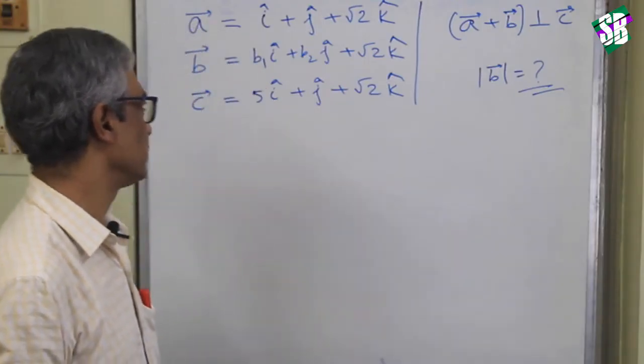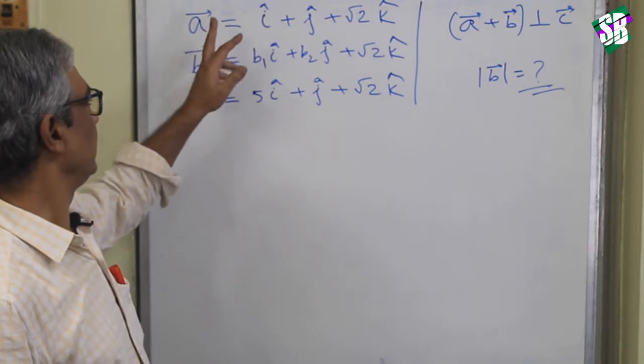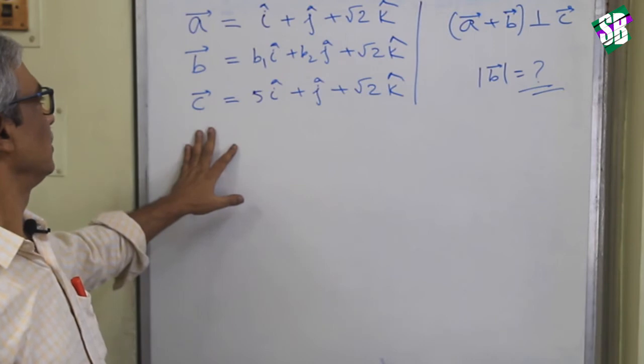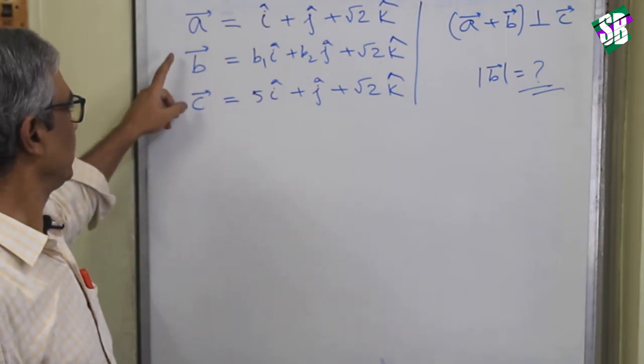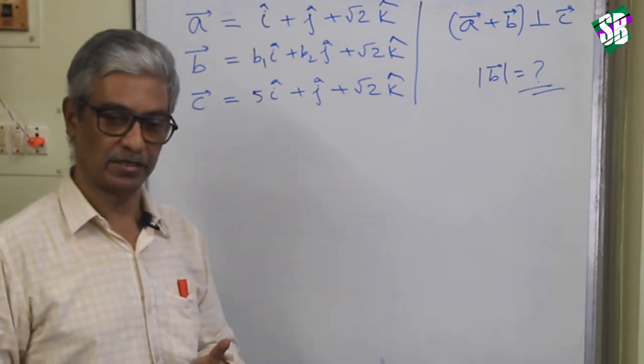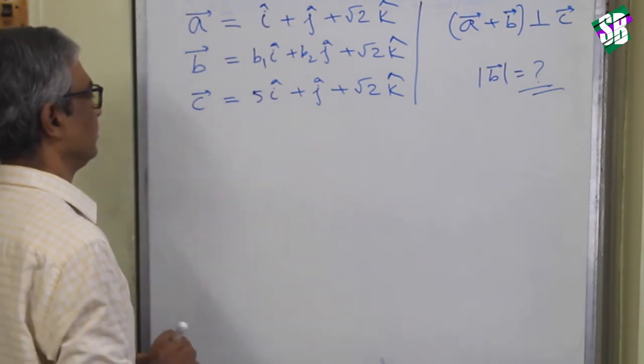The question states that vectors A, B, C are given, and the projection of vector B on vector A is vector A. What does this mean?